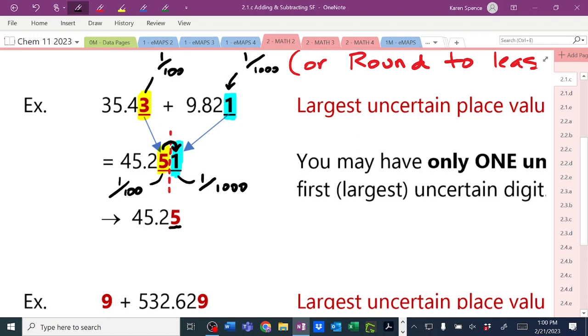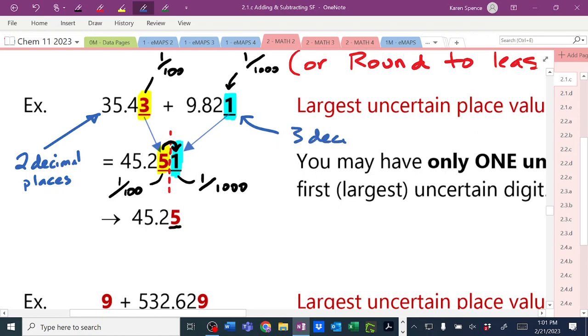Now let's look at decimal places. Does it still work? 35.43. How many decimal places does that number have? 2 decimal places. Our other number here, how many decimal places? 3 decimal places.